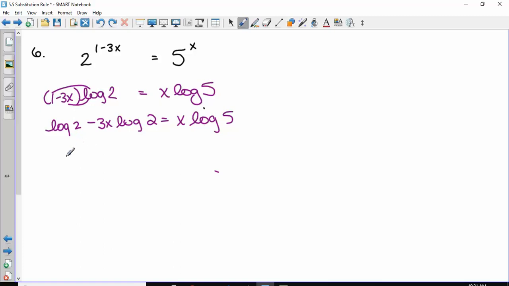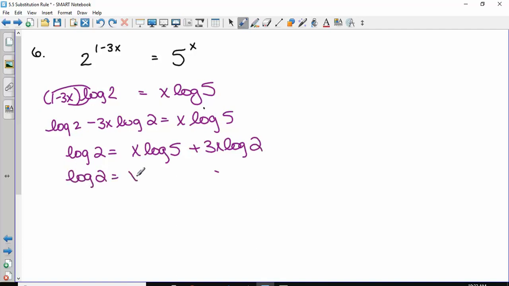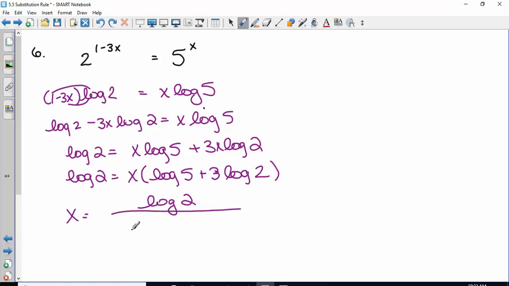So now what? Final step, to get x by itself, divide it all.